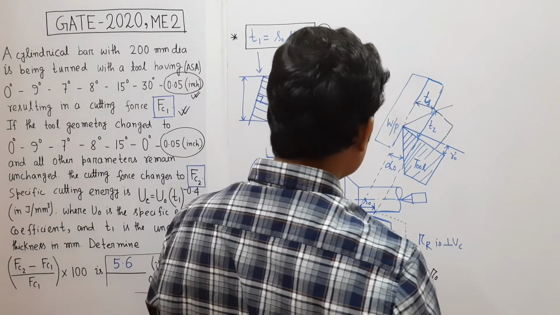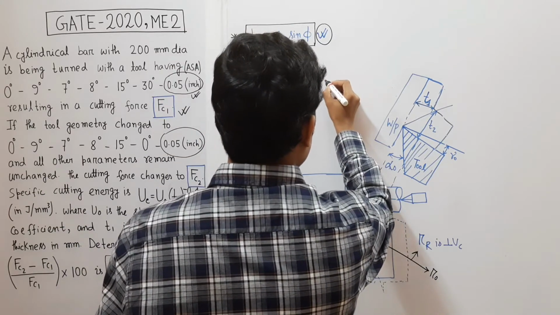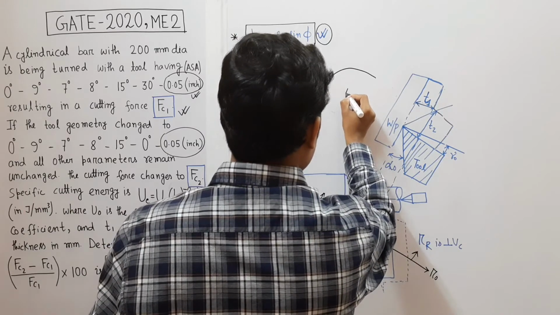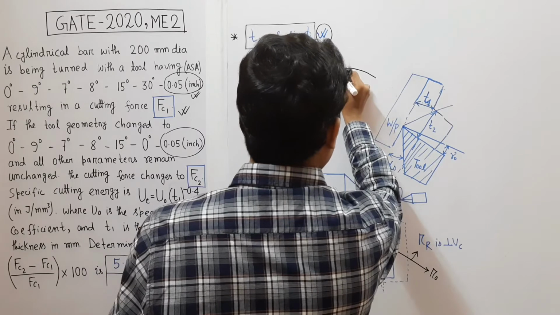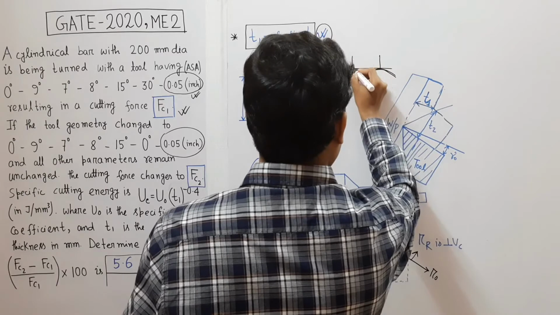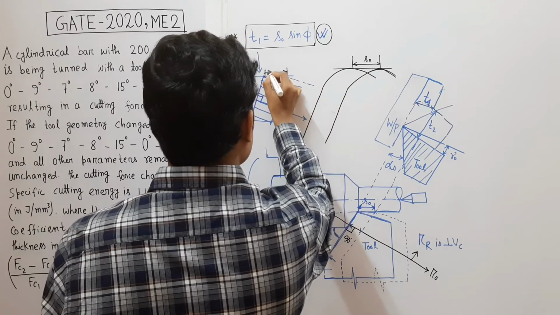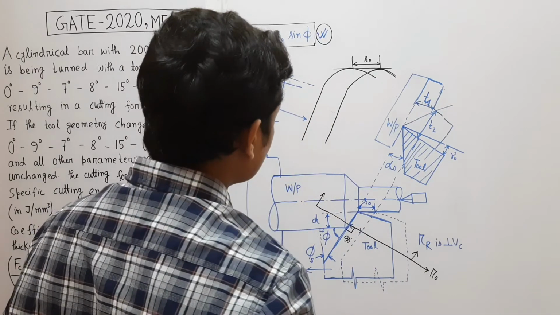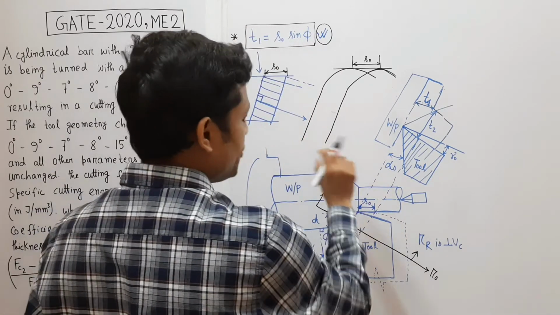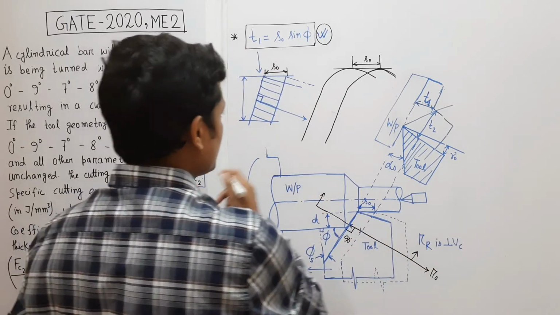Now if the tool has a finite nose radius, let me draw it here. So this is my S0. This was S0 here. These are two consecutive positions of the principal cutting edge between two consecutive complete rotations of the workpiece.